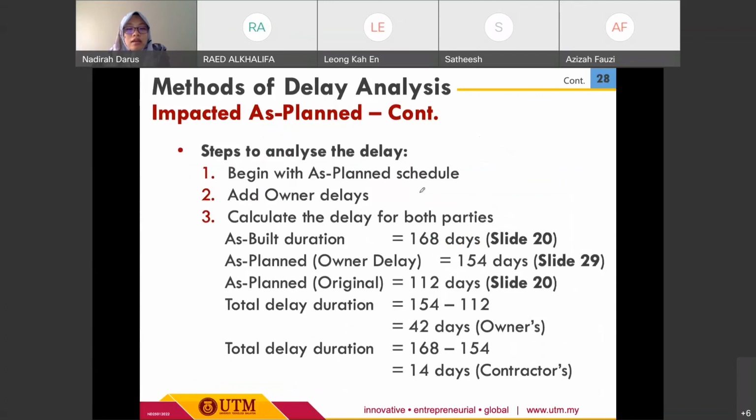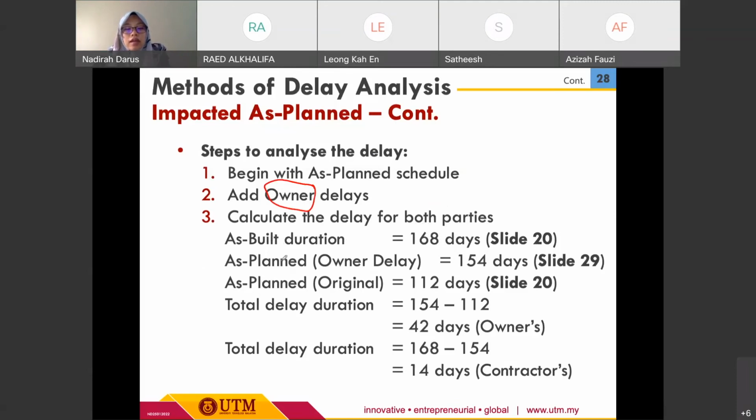Again, these are the steps to analyze the delay using the impacted as planned method. We begin with the as-planned schedule, add on the delays, and calculate the delay for both parties. Here we consider the owner delays. We refer to the as-built duration, which is the same as previous, 160 days.